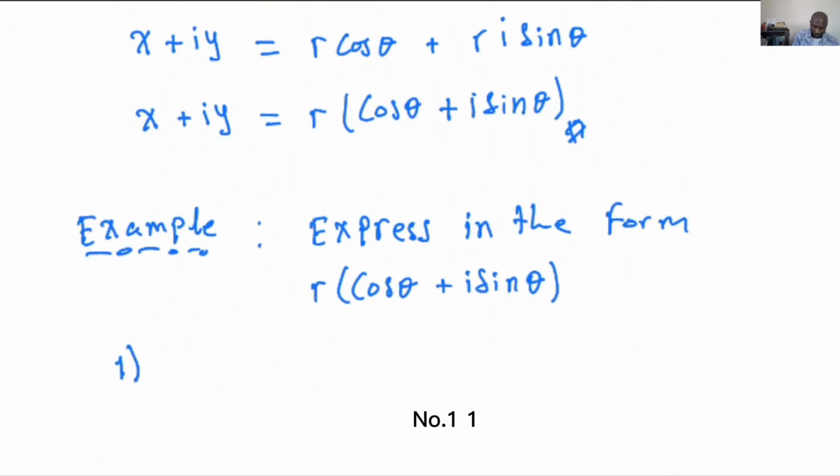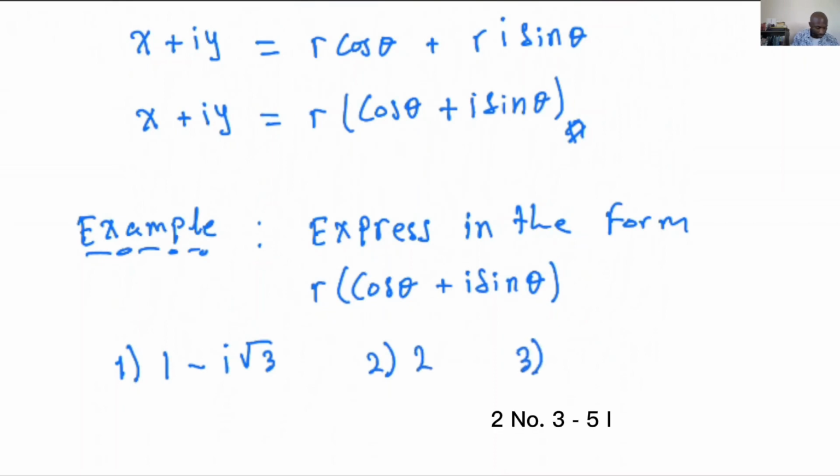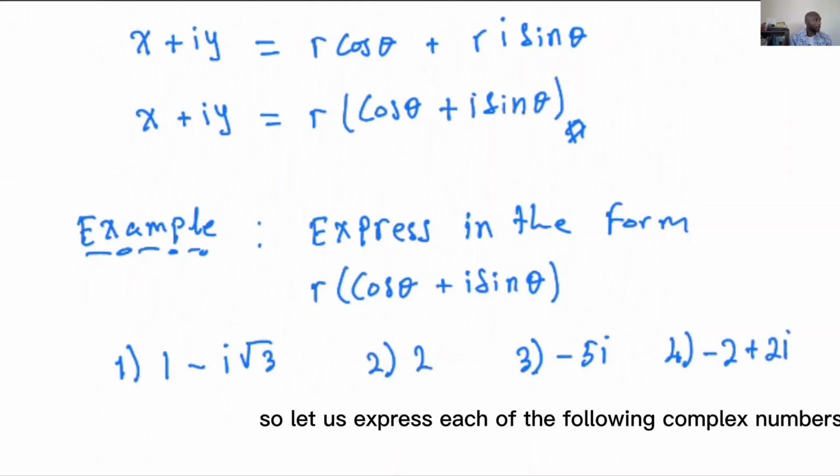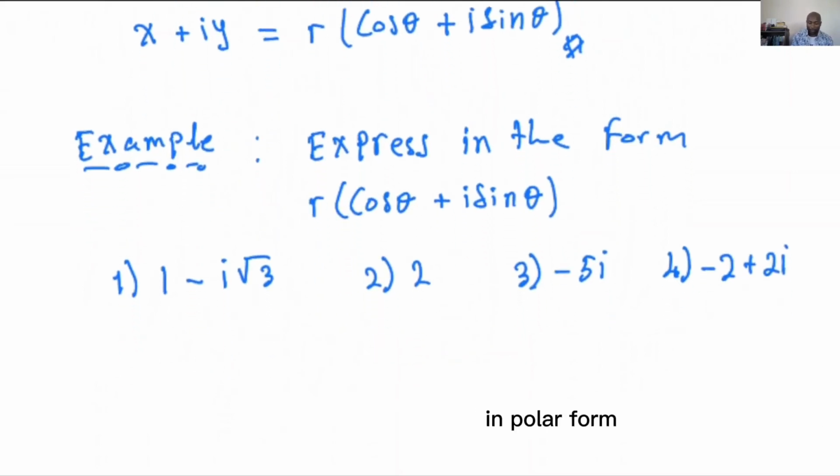Number 1, 1 minus i root 3. Number 2, 2. Number 3, negative 5i. And number 4, we have negative 2 plus 2i. So let us express each of the following complex numbers in polar form.